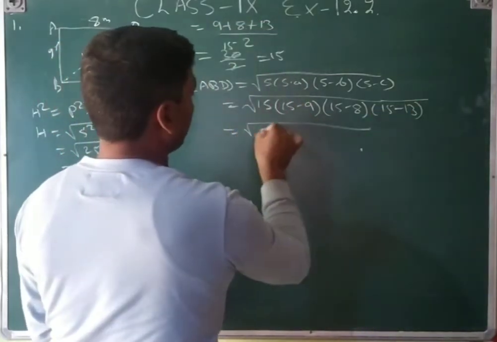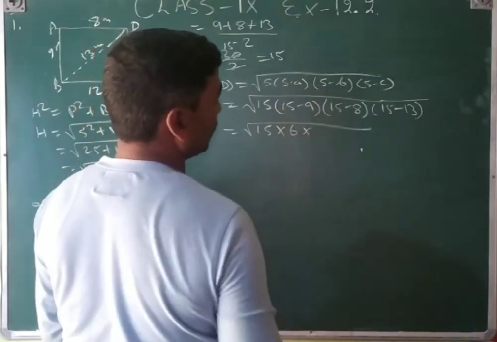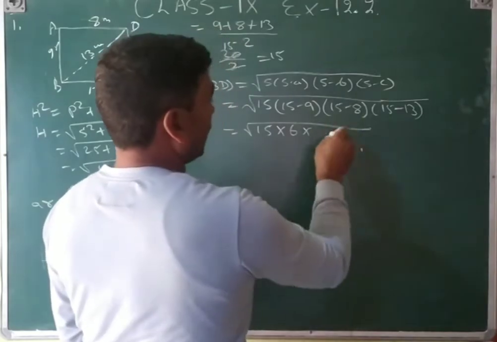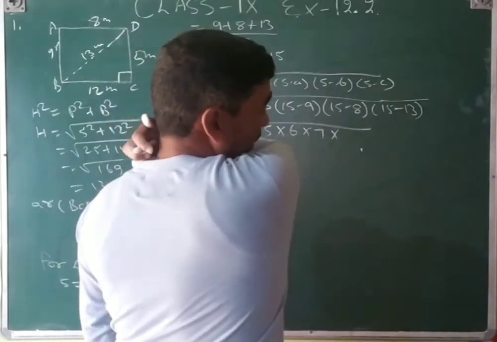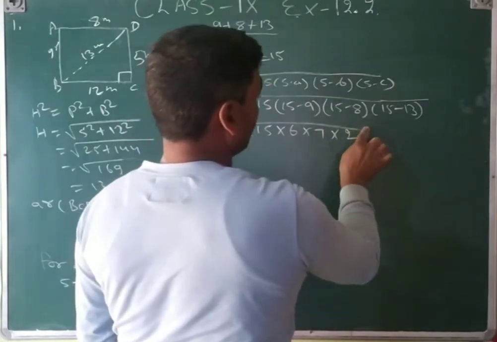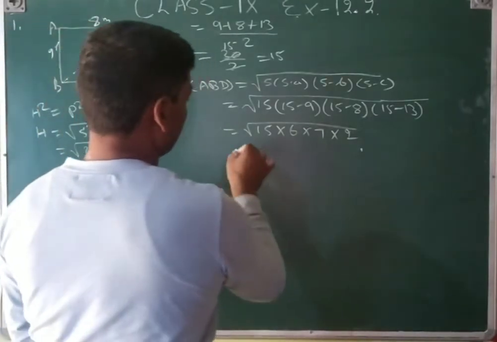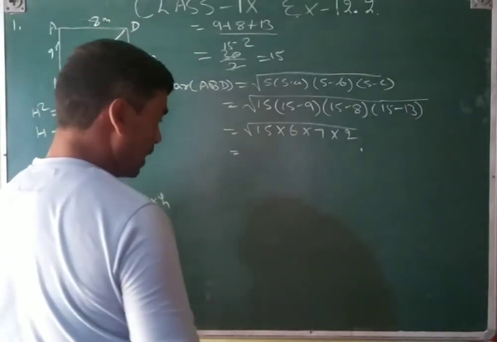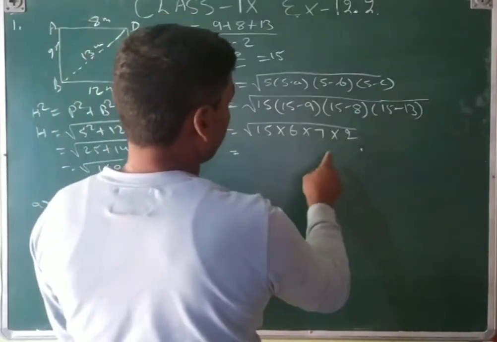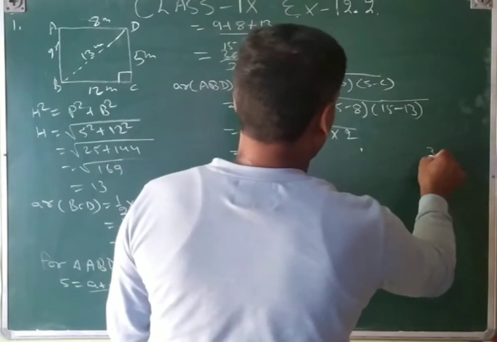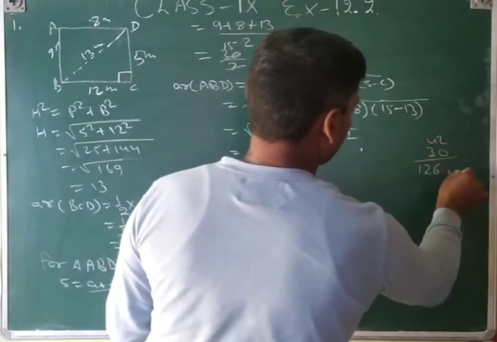So 15 into 6 into 7 into 2. Now the multiplication of these: 15 times 2 is 30, and then 6 times 7 is 42. So 3 times 2 is 6, 3 times 4 is 12, that will be 1260.